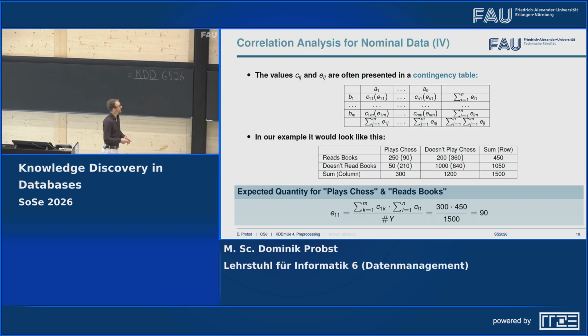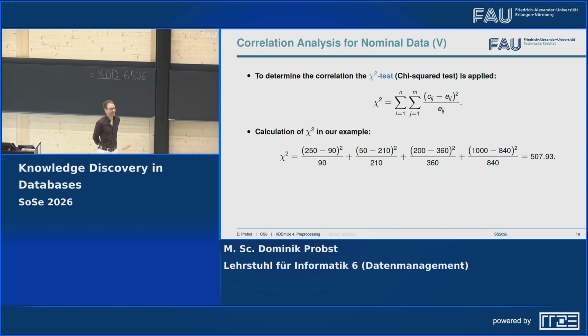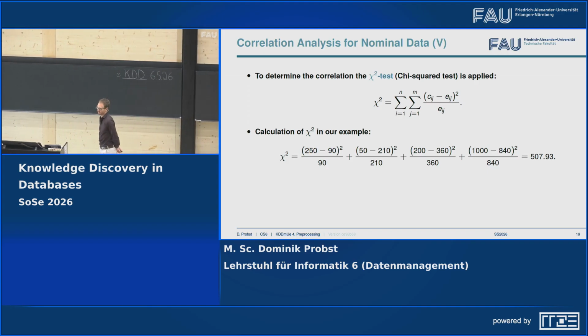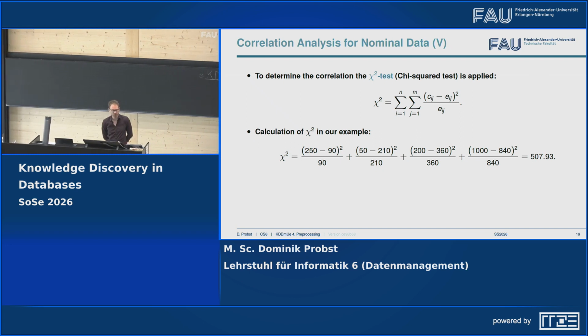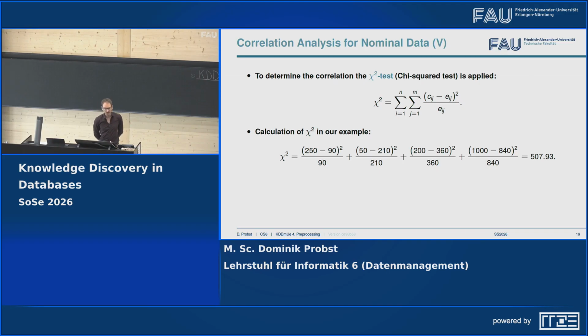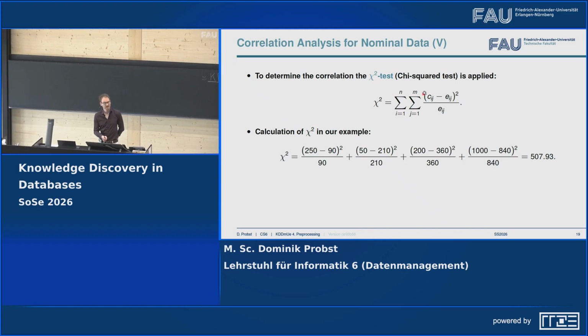The intermediate step can now be used to apply the so-called chi-squared formula, chi-squared test, to the contingency table. In this contingency table, we simply go through each row and each column, take a look at the observed quantities minus the expected quantities to the power of 2, and divide it through the expected quantity.